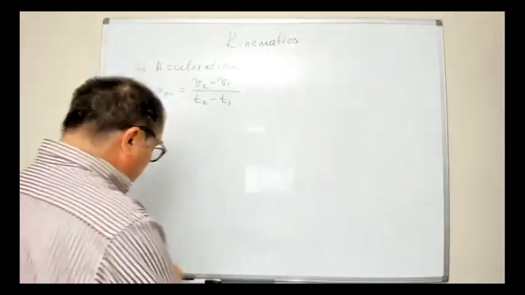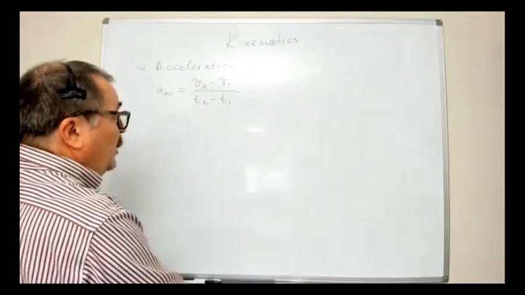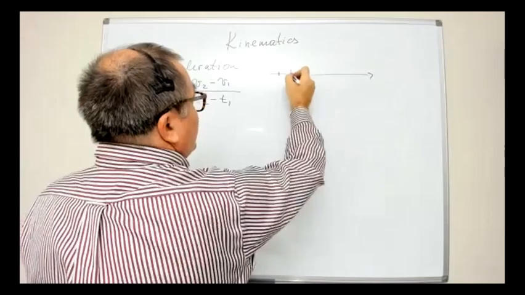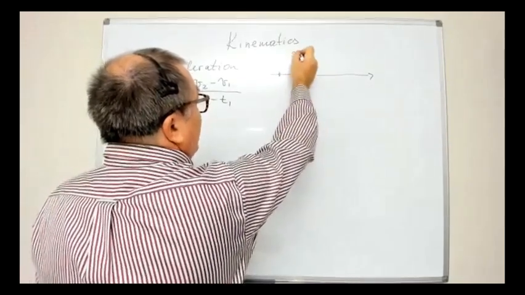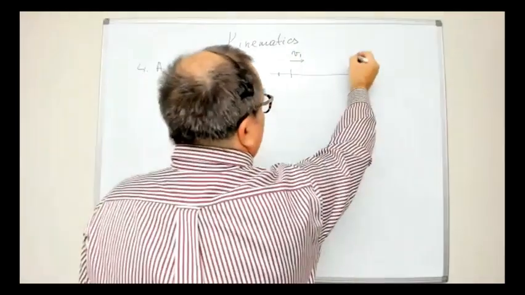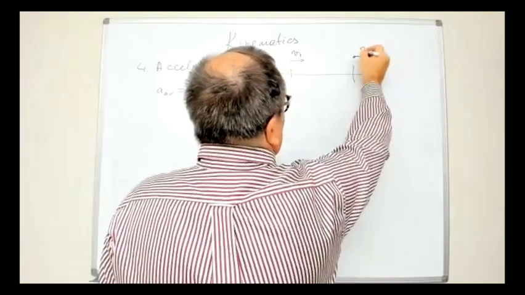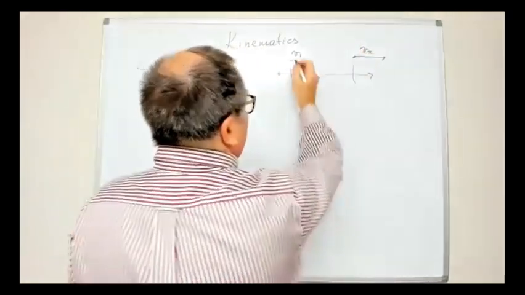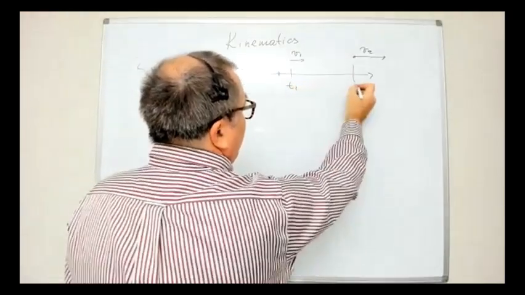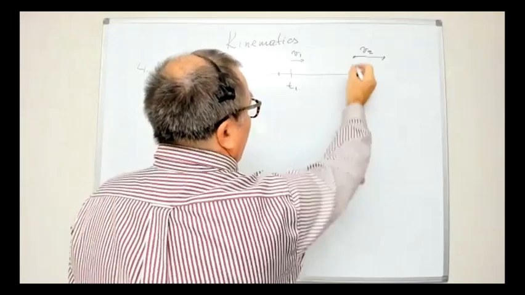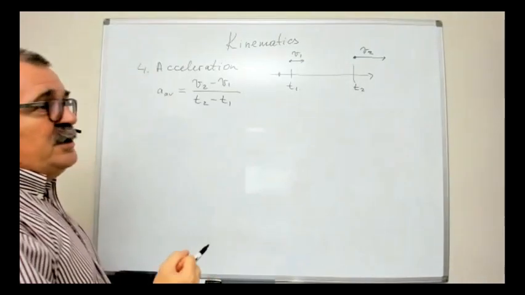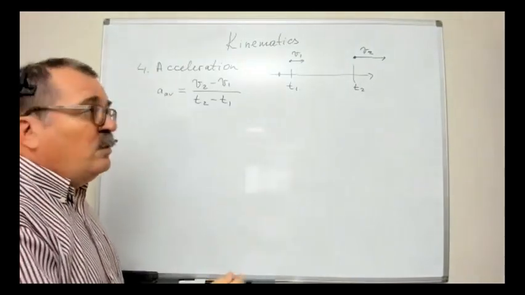Let me give you an example. Let's say an object starts to move along this axis. At this position it has the velocity v1, and then it accelerates, increasing the velocity, and at this position it has velocity v2. We measure v1 at time t1, and v2 at time t2. You see here that the velocity v2 is larger in magnitude and directed in the same way.